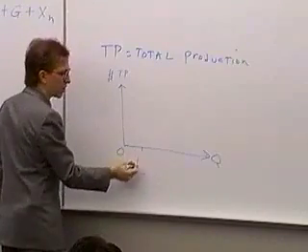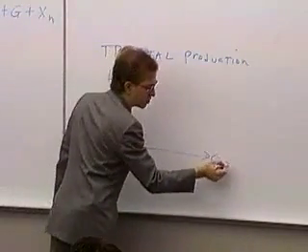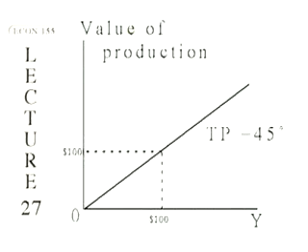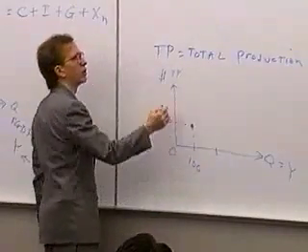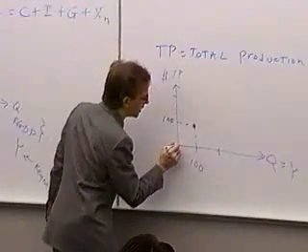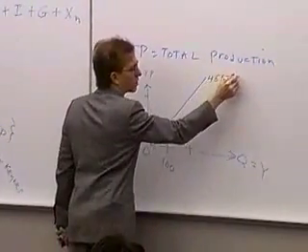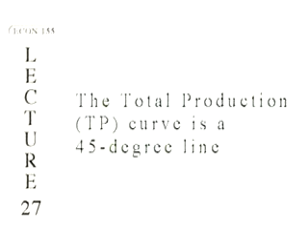If GDP is $100, I don't know if I used GDP or Y or Q last time, but if GDP is $100, what's the value of total production? And the answer is, it's also $100. So we can put a dot right there. And we could do the same thing if GDP is $200, total production is $200, and so forth. But anyway, the idea is that this is a 45-degree line showing total production. It just shows total production at various levels of GDP, real GDP.